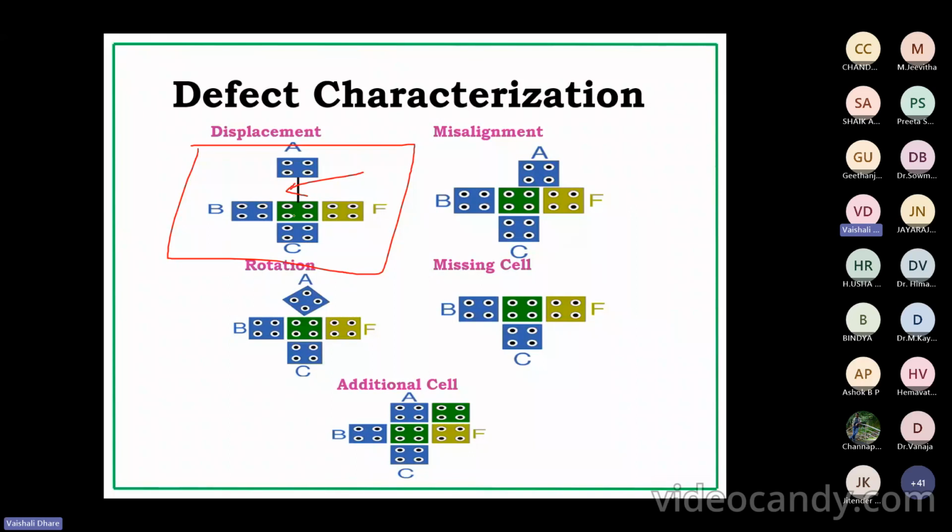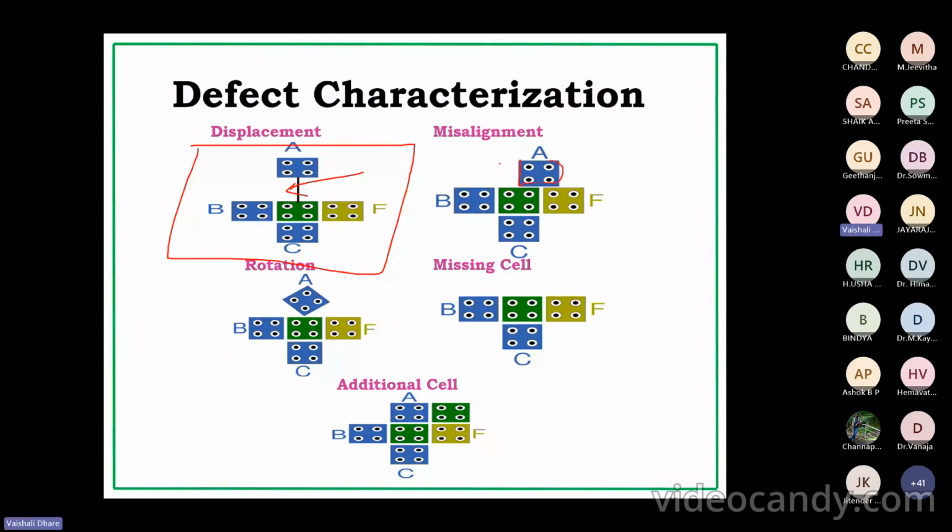But if that cell is far away, above the radius of effect, definitely cell A is not going to interact with this device, or with the device cell. In this case, there may be a possibility of malfunctioning, or the device MV will no longer work as a MV, a majority voter.